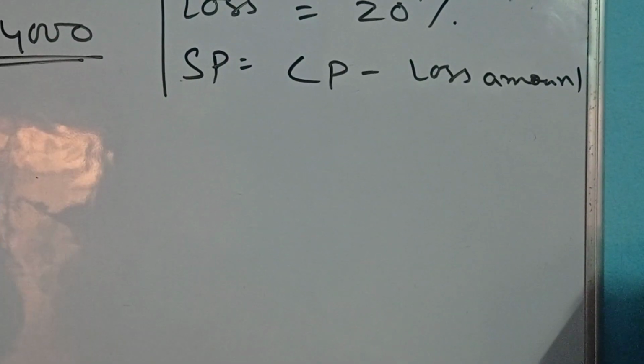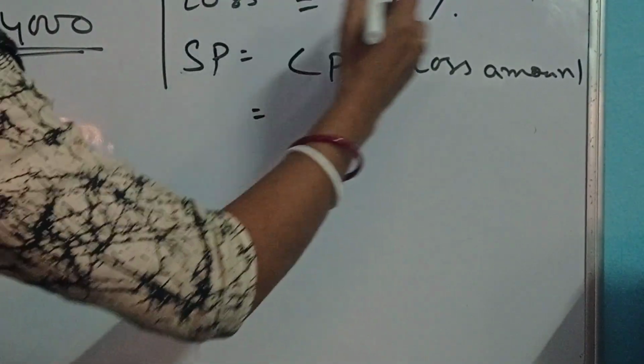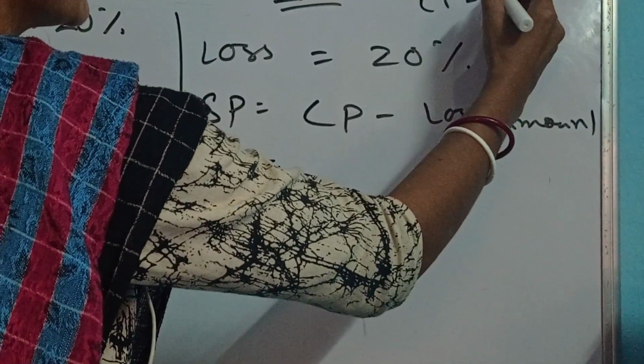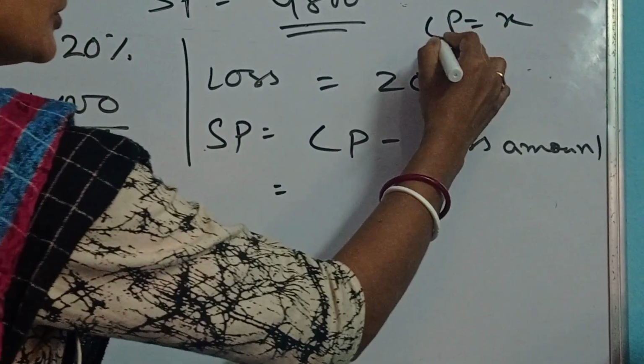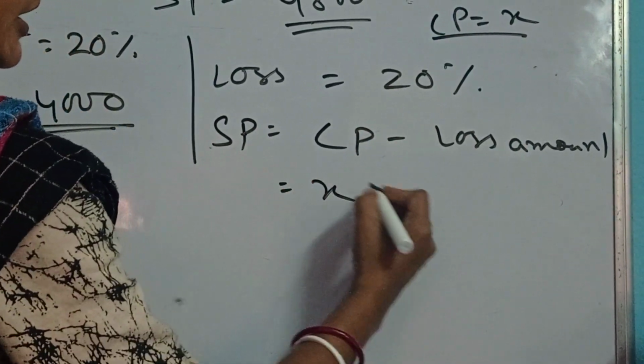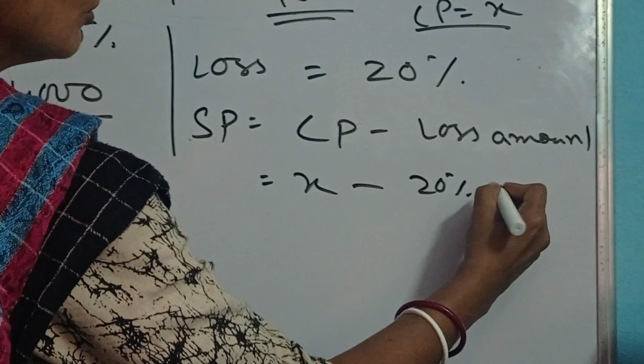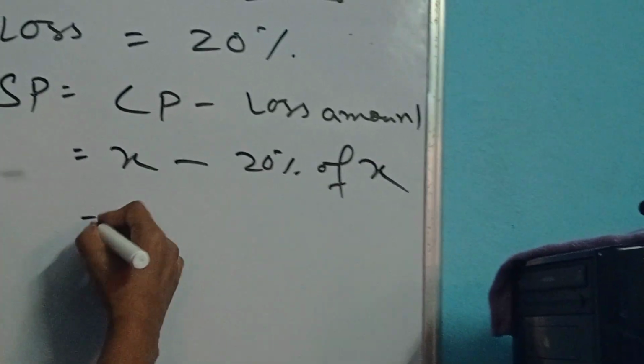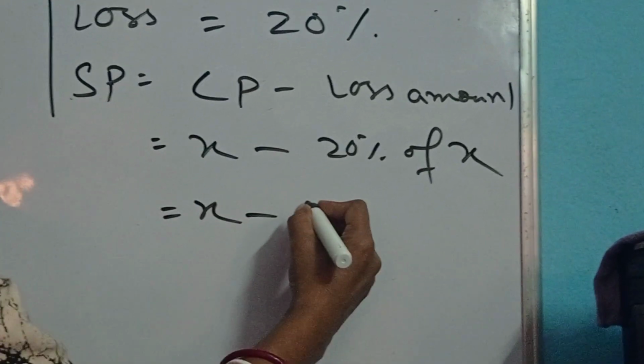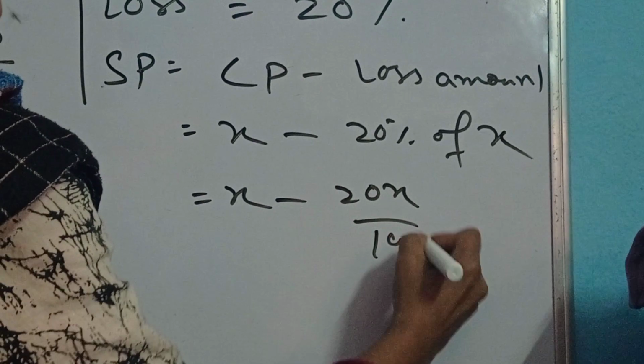Again let's consider CP equal to X. So we will write X minus the loss, which is 20% of CP, that is X. So again it will be X minus 20X by 100.